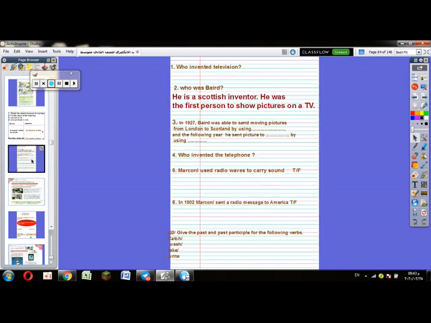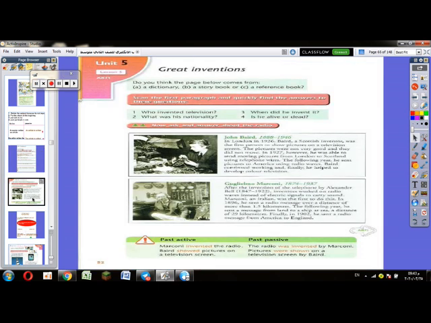Now we move on. You need to read the article in your book and answer these questions. Yes, you can see unit 5, lesson 5.